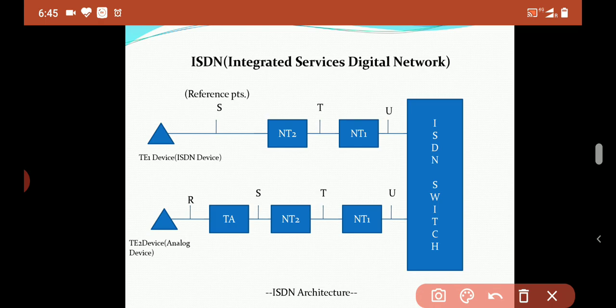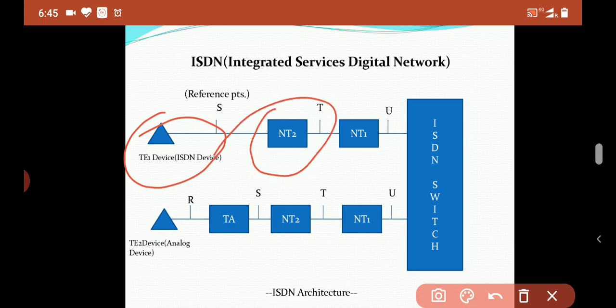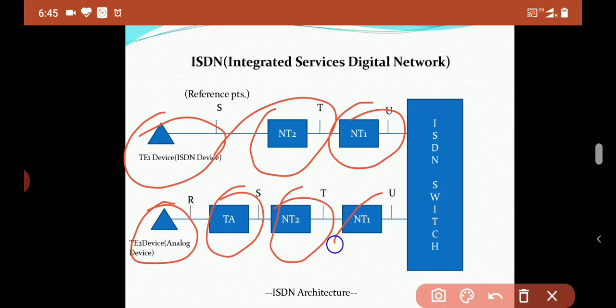It consists of different devices and connectivity: we have TE1 devices, then NT1, NT2, then TE2 devices, then TA, then NT2, and NT1. The connectivity between TE1 and NT2 is known as the S interface, the reference point between terminal and NT2.